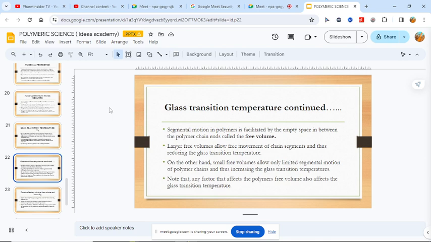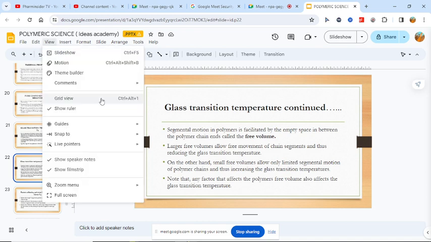So we need to know how the segmental motion is affected when this free volume becomes big, and when it becomes small. Larger free volumes will allow free movements of chain segments, and thus reduce the glass transition temperature.